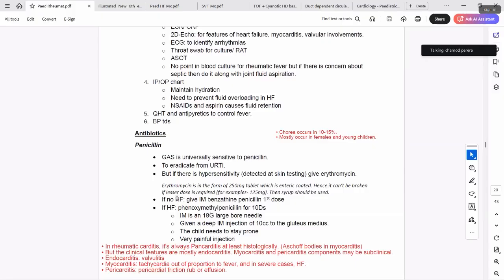So if the patient is having heart failure, you can give the patient... Is there a request to share the note? Hello? Hello? Can you hear me?